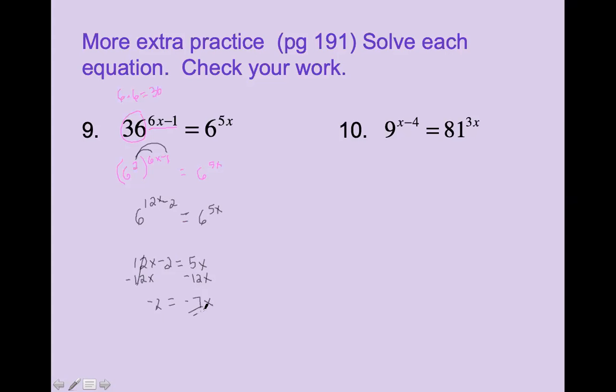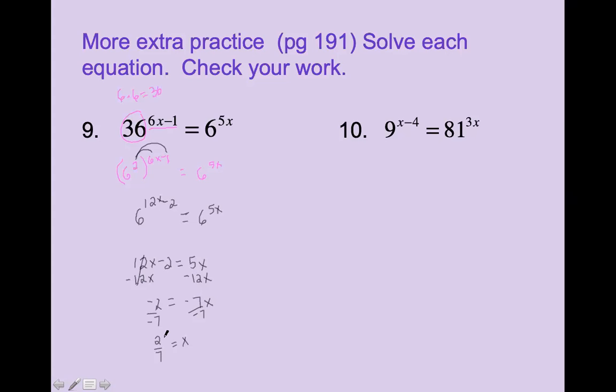Divide both sides by -7. And I get that x is equal to negative divided by negative is a positive 2/7. So don't panic if you're getting fractions on these. It's okay. It's going to come out that way sometimes.